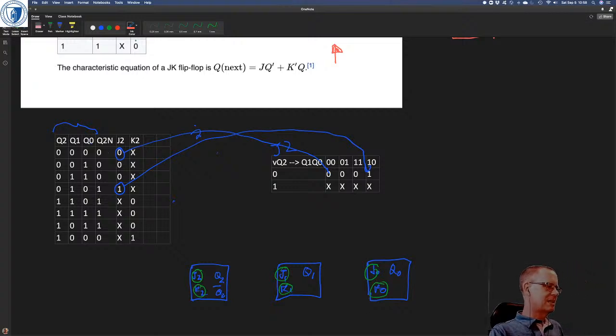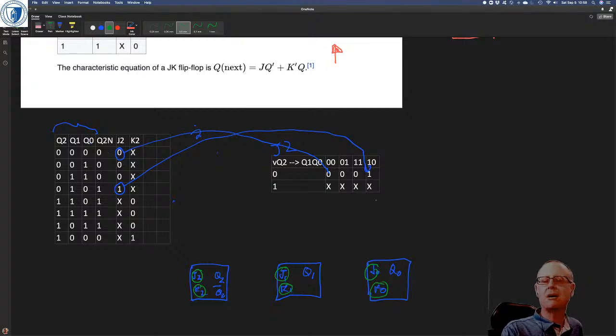Anthony's saying that you form expressions where there are... Yeah, so what you do with a Karnaugh map is the aim is to group all of the ones together in as large a group as you can. And they have to be a power of 2.